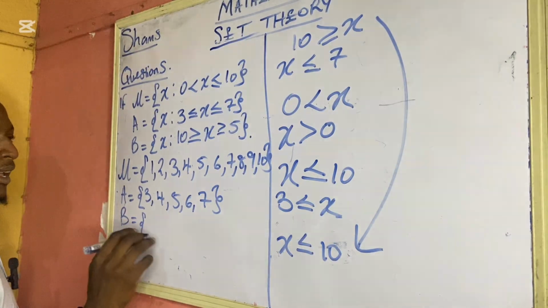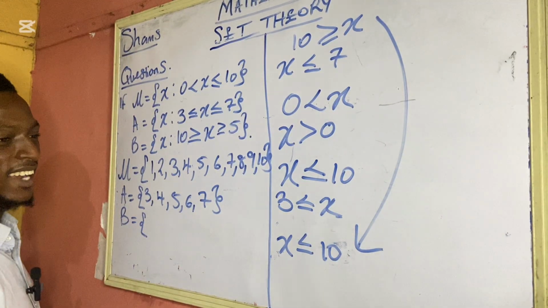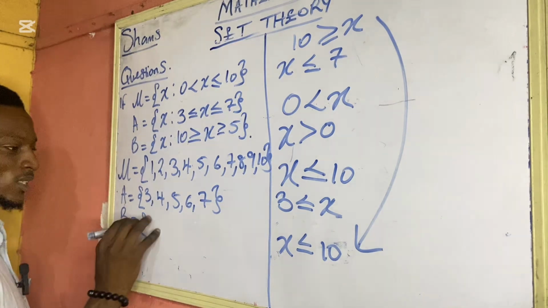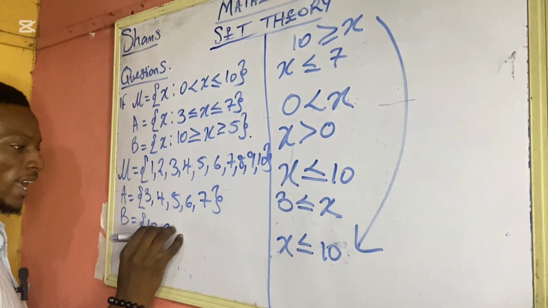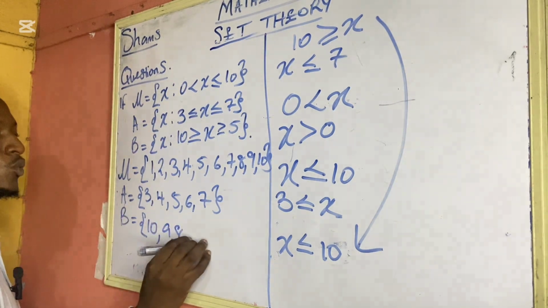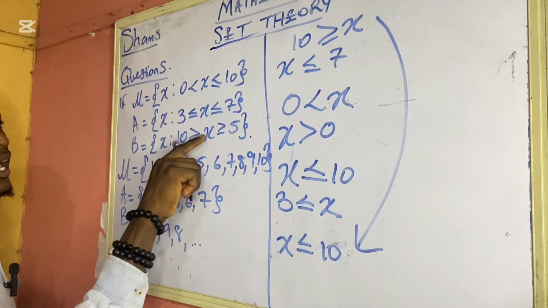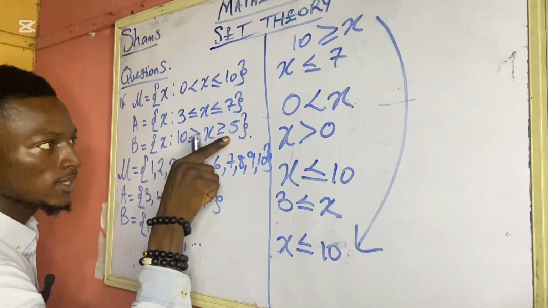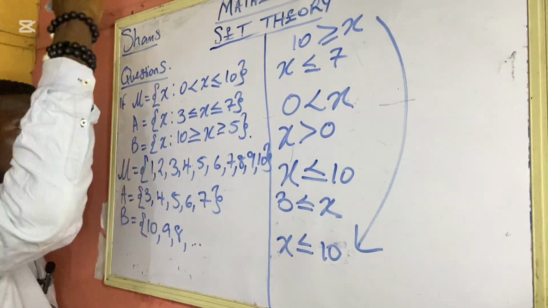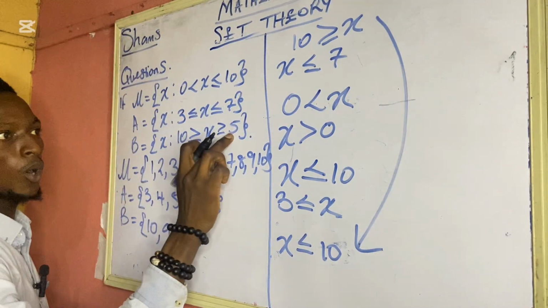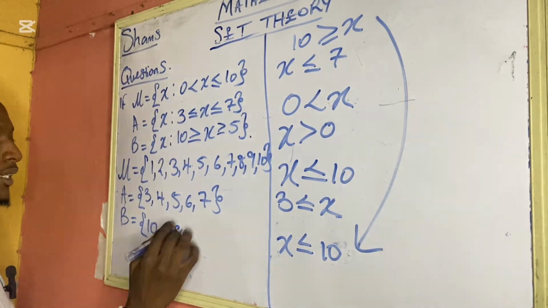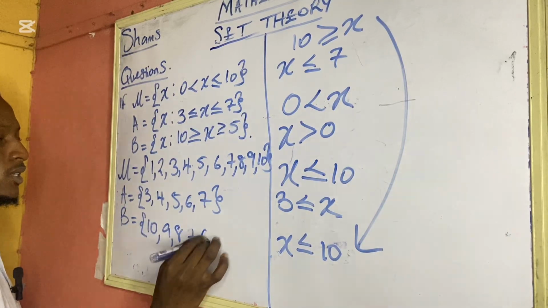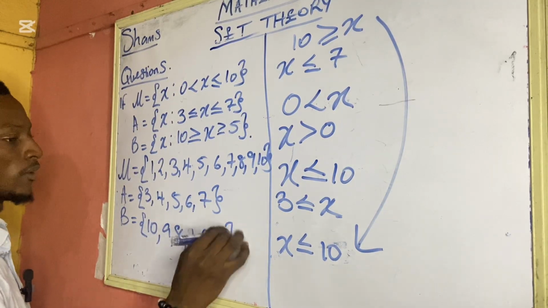That means x is decreasing, so it's starting with 10, 9, 8 to what? I don't know. Let's check the second part. X is greater than or equals to 5, which means the origin of x is 10. Since it's starting from up, then it decreases up to 5: 8, 7, 6, and the last number is 5.